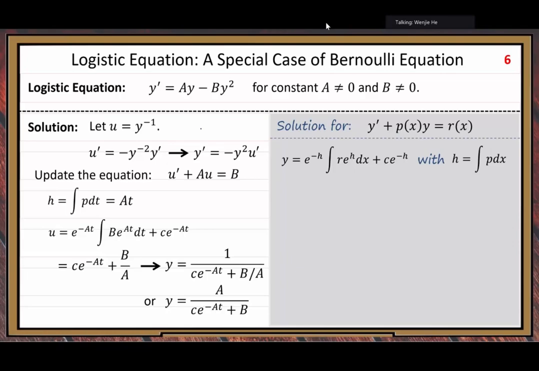We can treat this as the standard method of solving a Bernoulli equation, and you get the final formula. But when you do it this way, did you miss something?